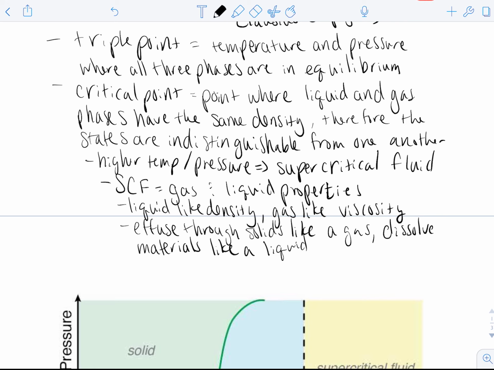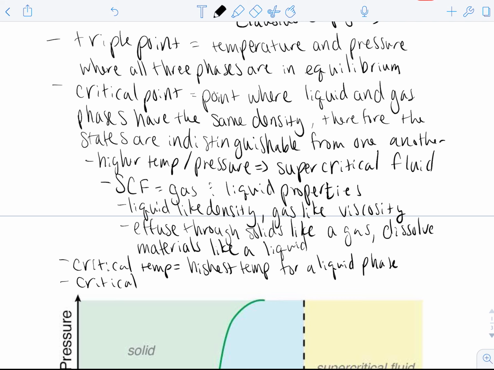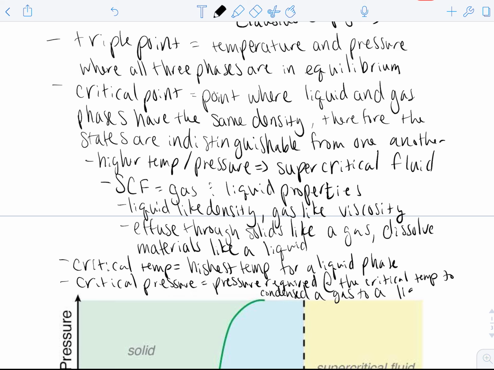So, critical temp, highest temp for a liquid phase, and then critical pressure, pressure required at the critical temp to condense a gas to a liquid.